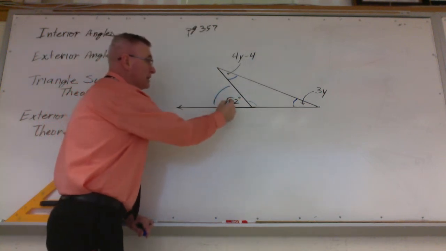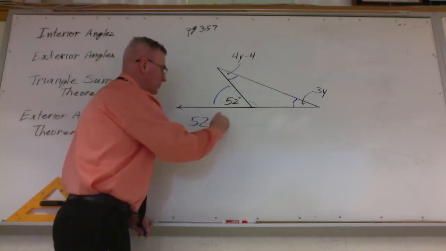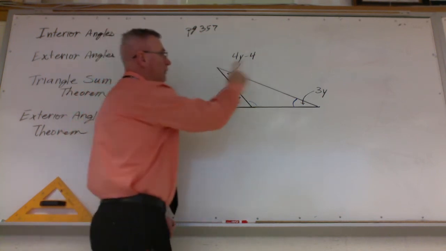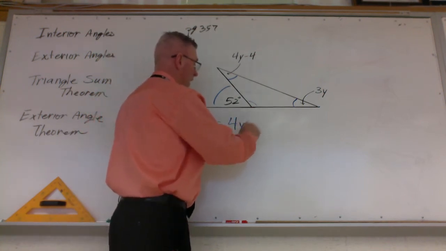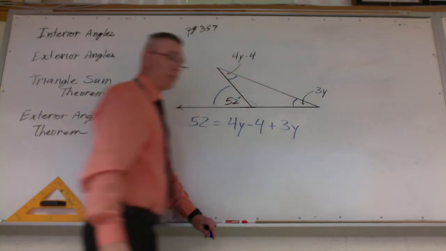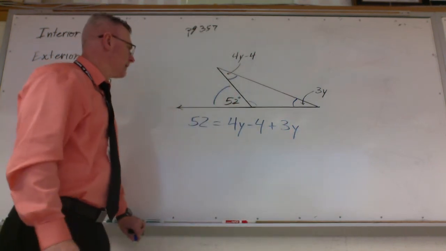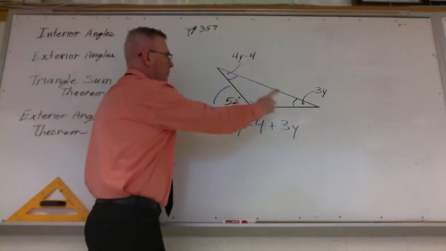So we're going to put this equal to the other two angles added together: 52 degrees equals 4y minus 4 plus 3y.